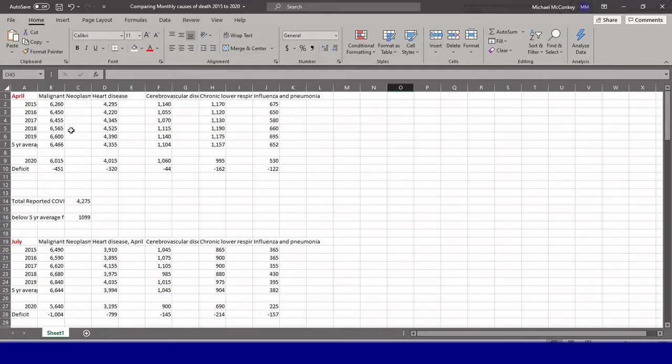What I did was I picked out 5 illnesses that I thought could be confused with or somehow entangled with death by COVID. These 5 are the malignant neoplasms, which are basically cancers. This says April because it started doing April, but let's get rid of that now.